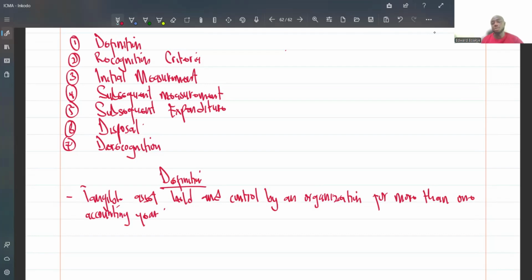And what are the uses? The uses, they're saying, are that it should be used for production and or rendering of services.